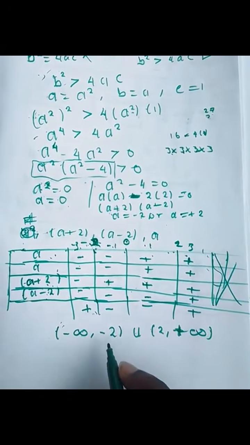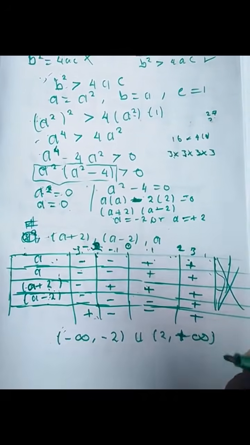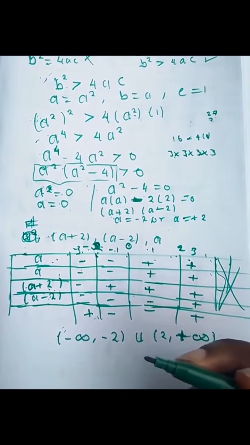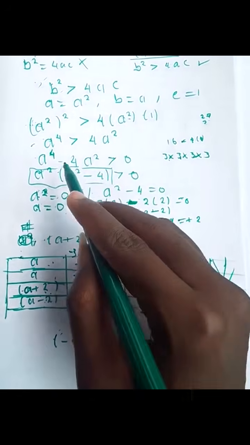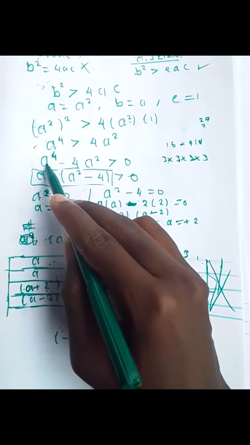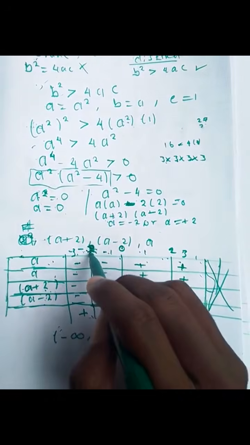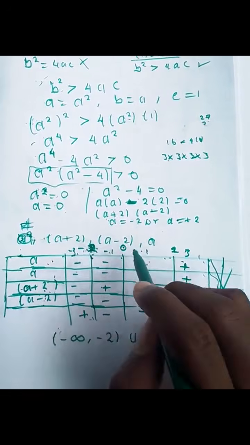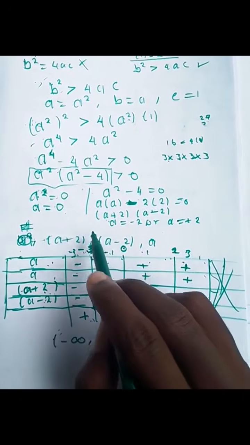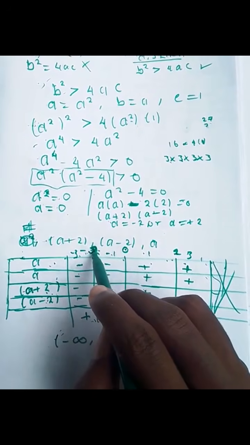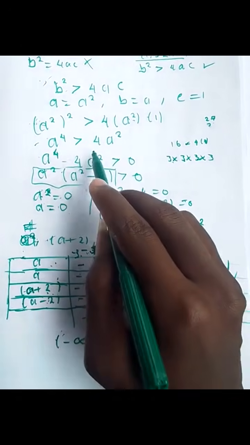Okay, and actually you can try to prove this. Try to put any value between negative 2 to positive 2, including negative 2 and positive 2. You will see that it will give you something that won't be greater than 0.